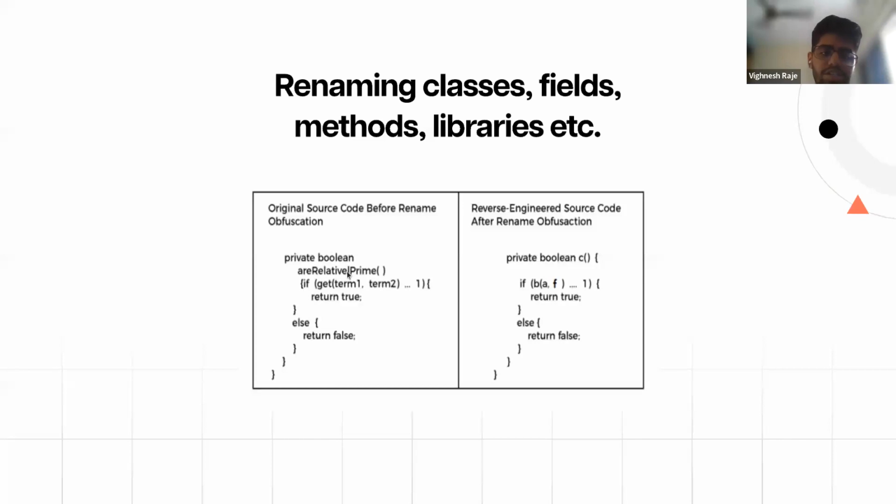On the left side, just by reading the function name, you are able to have an idea of what the function would be doing. While on the right side, this becomes very difficult. You will need to go through each line of the code to understand what the function is actually doing.